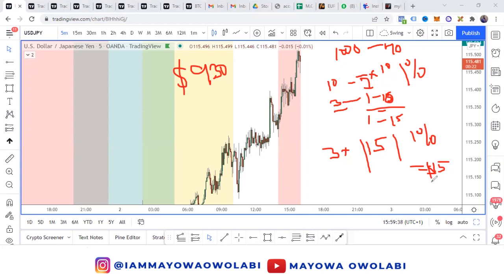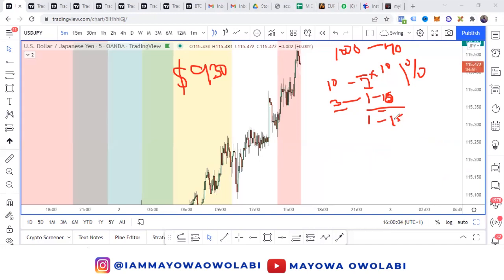Fantastic. And $15, I need to get that projection well. 1%, I made 15. That's 15%, sorry. That's 15%. So 15% times 10. So let me do that again so that you won't get it twisted.